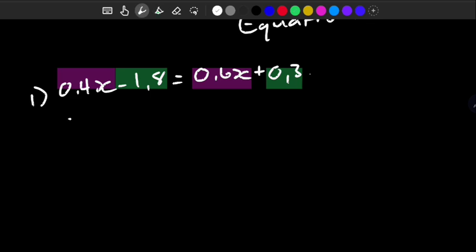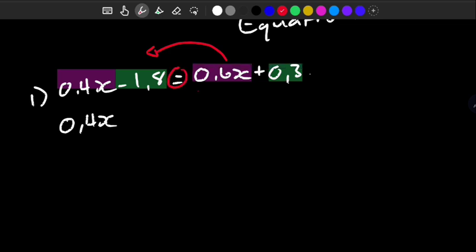So now we know our like terms. To group them, we know it's going to be 0.4x there, right? We need to get 0.6x to the other side. Where 0.6x is positive, when it goes to the other side it jumps the equal sign, so I want to subtract 0.6x here, and that cancels out that.